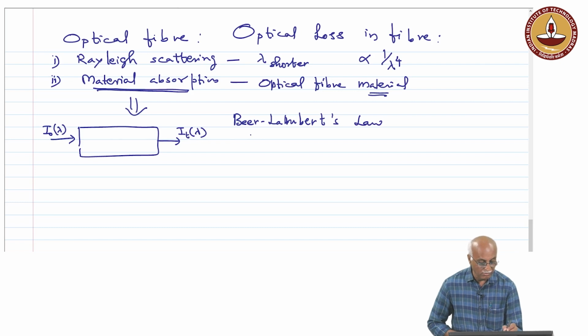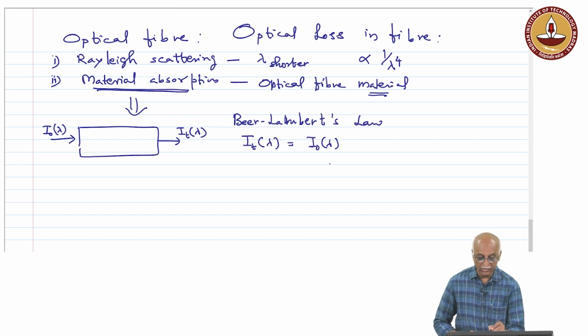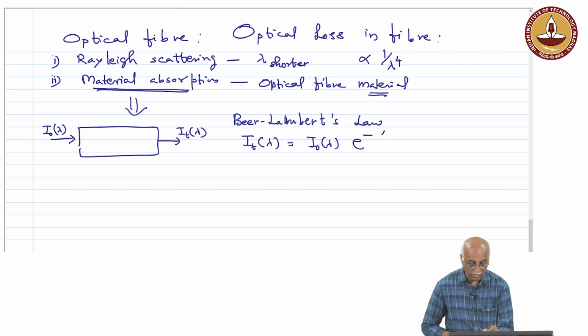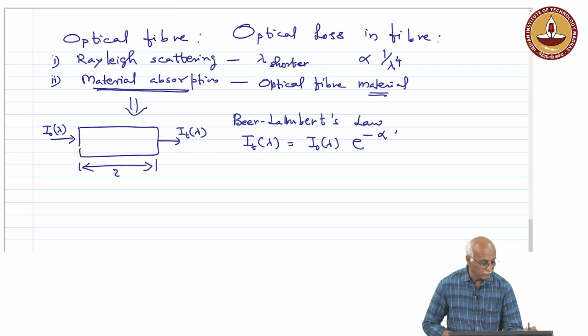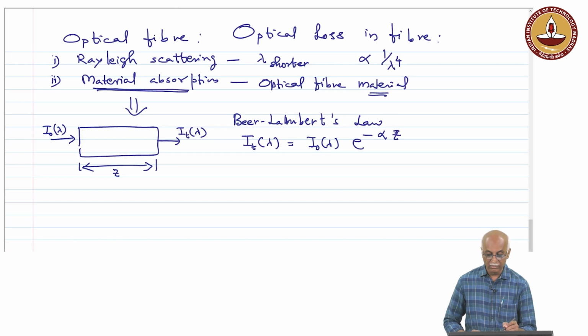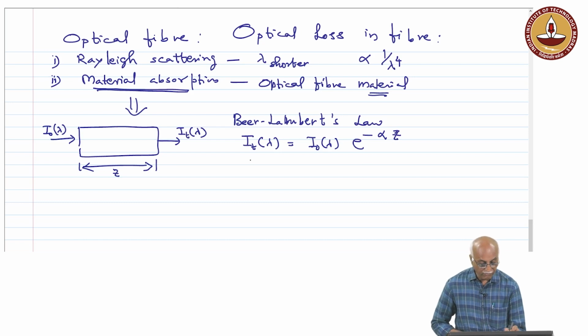But here as per Beer-Lambert's law, the transmitted light intensity is related to the input intensity I0 lambda with a factor, let us say alpha into z, okay, z, where alpha is known as absorption coefficient, okay.